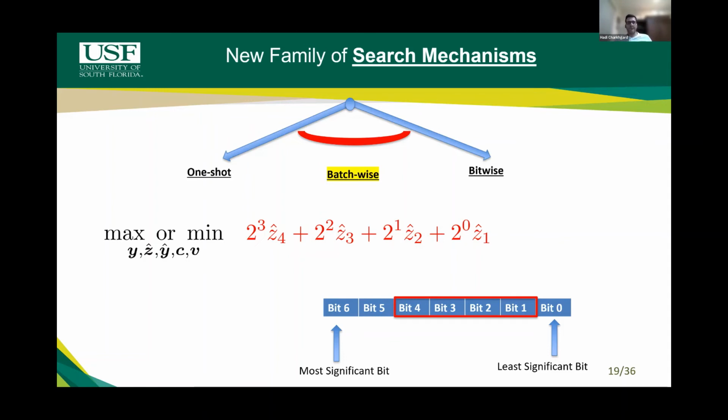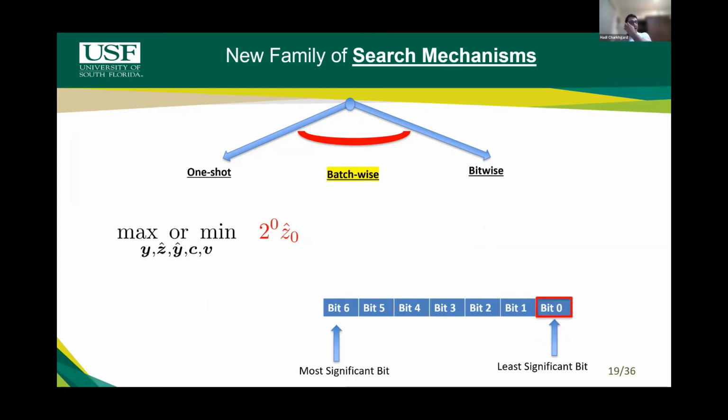So you have an exponential trend here. Once you solve this optimization problem, you have the values of all 4 bits together, you fix them, and you solve the last one, which is just 1 bit. So using this batch-wise approach, you may solve fewer IPs compared to the bitwise approach.